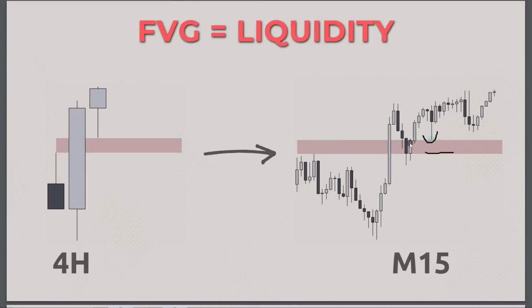That's the low, the same as this one, the low of the third candle in a fair value gap. It's literally nothing but a liquidity level on a lower time frame. So price will sweep this liquidity level, maybe into an order block, and then start coming up. That's all a fair value gap is. That's why fair value gap is working, and that's why I say liquidity is everything, much more important than fair value gaps.